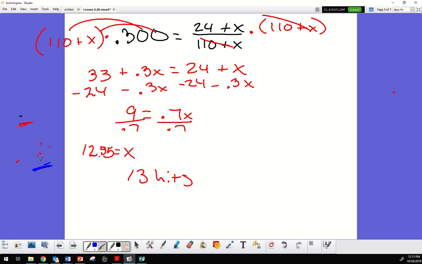How many at-bats do we have now? He struck out 3 times in a row, right? So how many at-bats does he have now? 113.